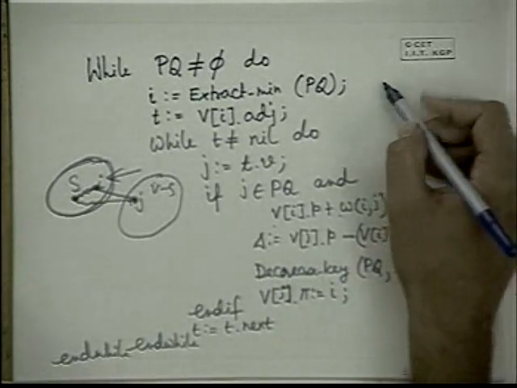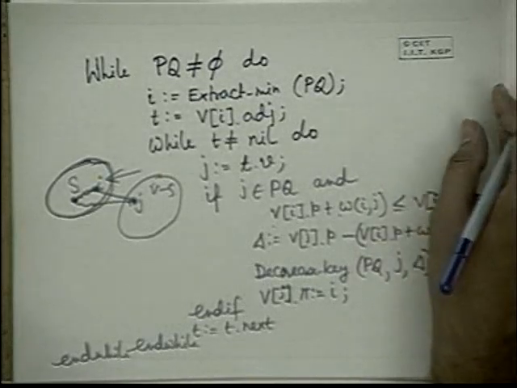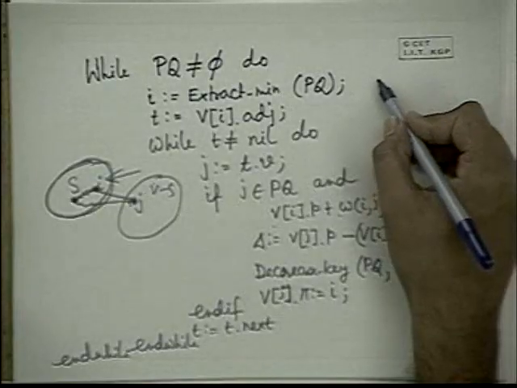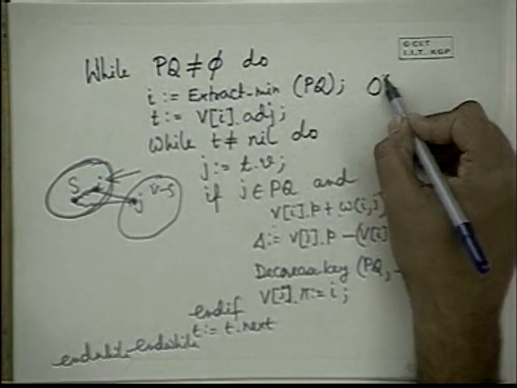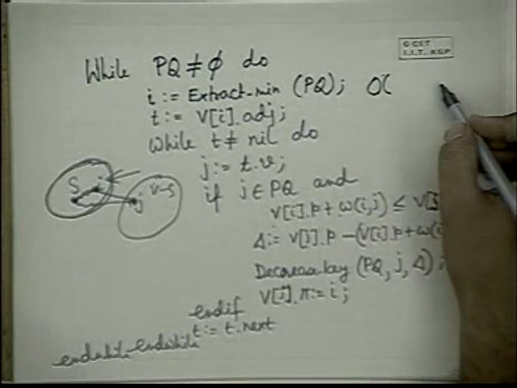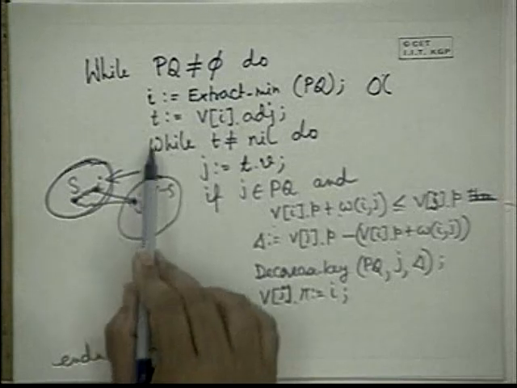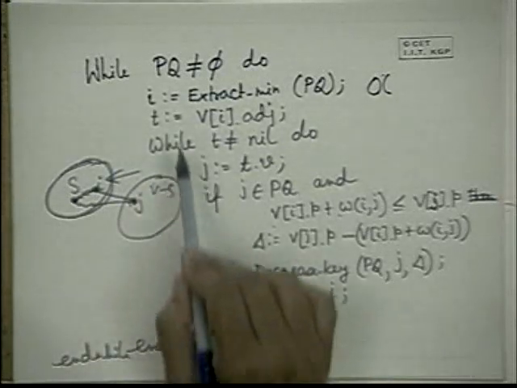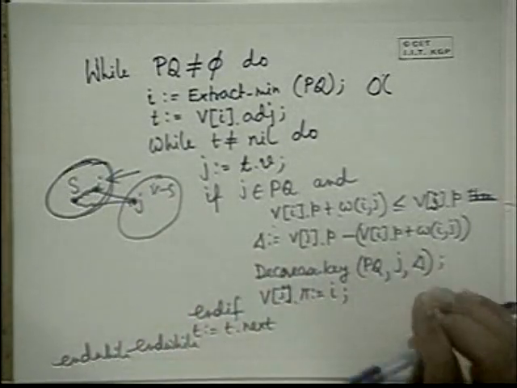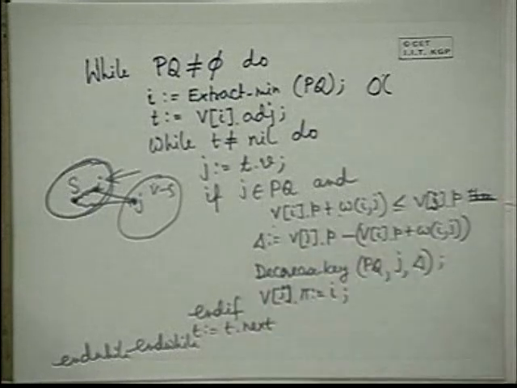If PQ is implemented as a heap, how much time does this take? If it is a heap, the total while loop will be executed in order how much time? While loop will be executed how much? Order?